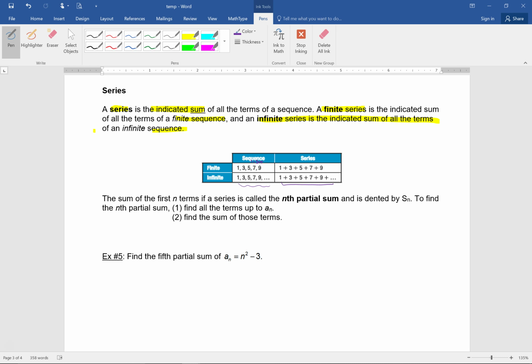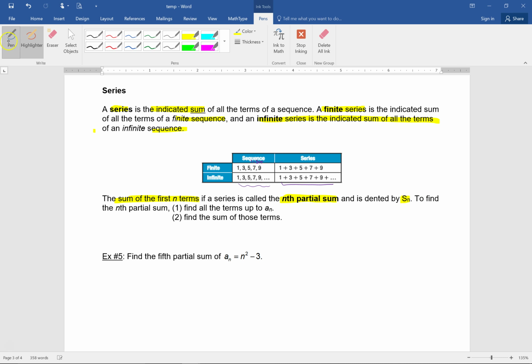Now, sometimes you just get sick of adding up all the numbers, so you say, you know what, I'm just going to count to the first 100 and stop. That is called a partial sum. A partial sum is the sum of the first n terms, and we call it the nth partial sum, denoted by Sn.